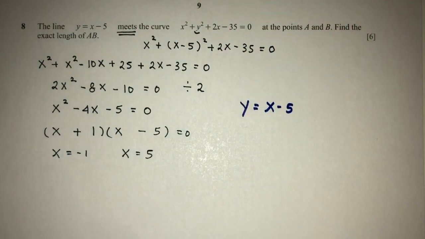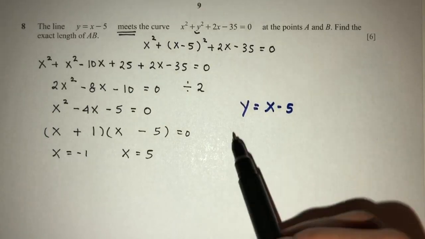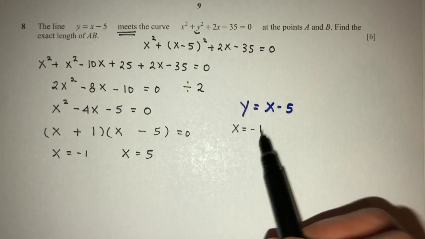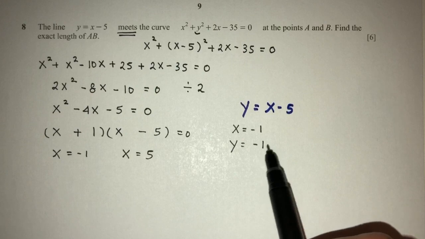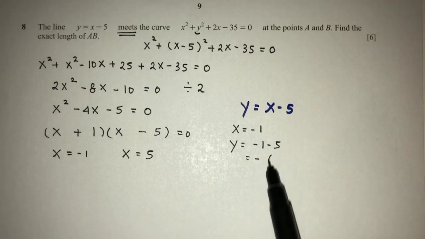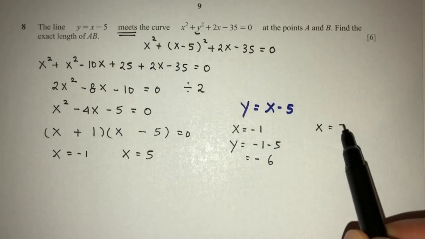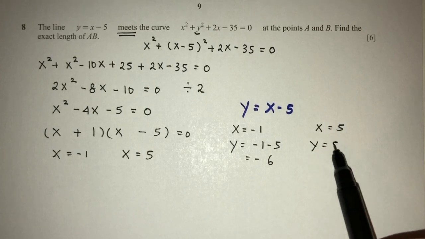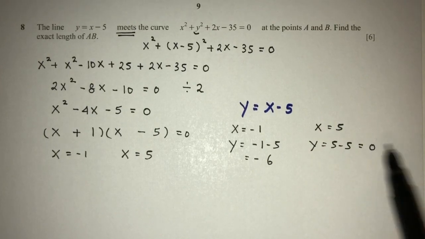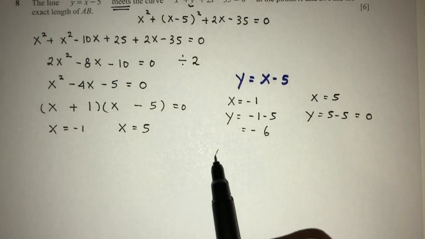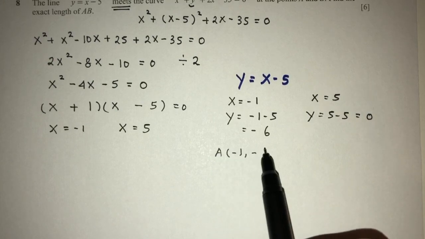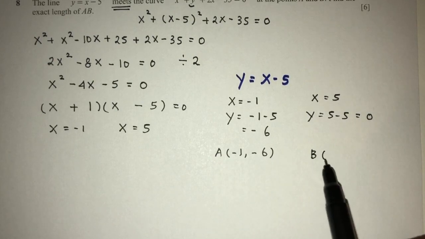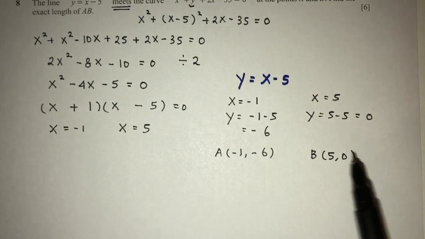So when x equal to minus 1, y will be minus 1 minus 5, which is minus 6. When x equal to 5, y will be 5 minus 5, that will be 0. So the point A will be -1, -6, and the point B will be 5, 0.